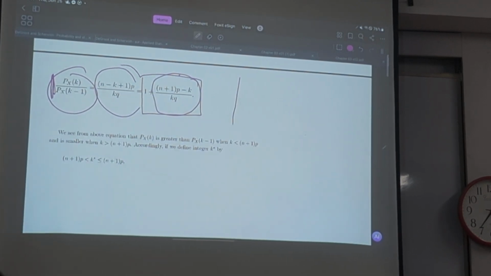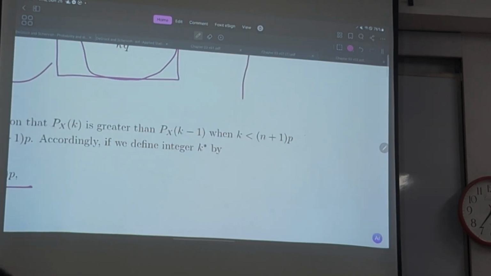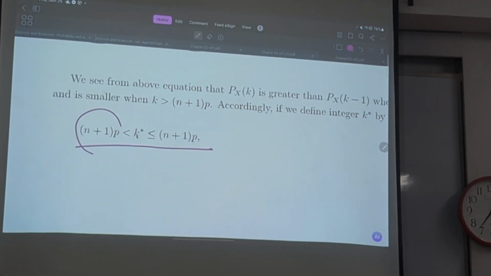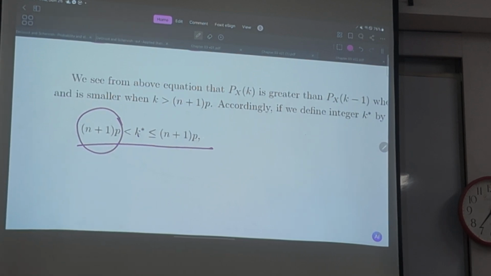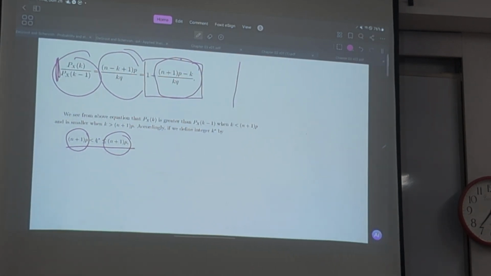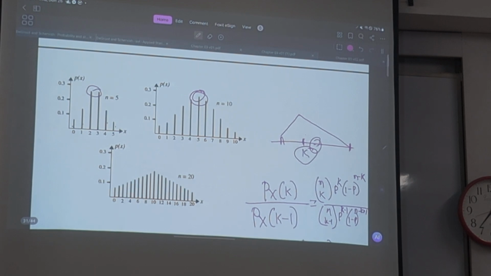So whether this quantity is negative or positive depends on k. If k is greater than this one, or k is less than this one, accordingly we can find a value of k for this star. This is the problem, but it is good to know.